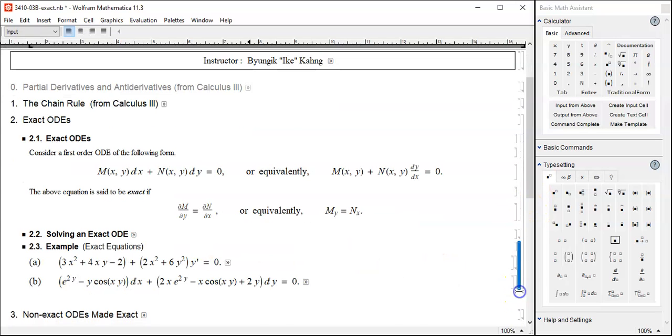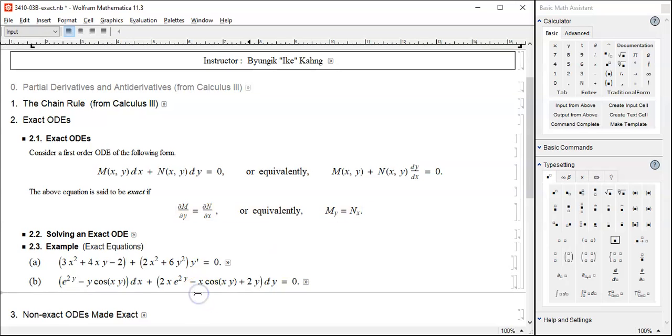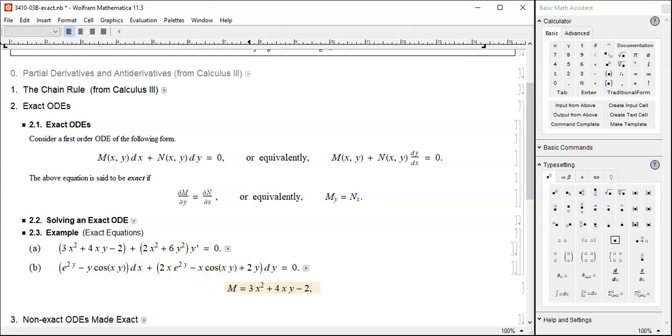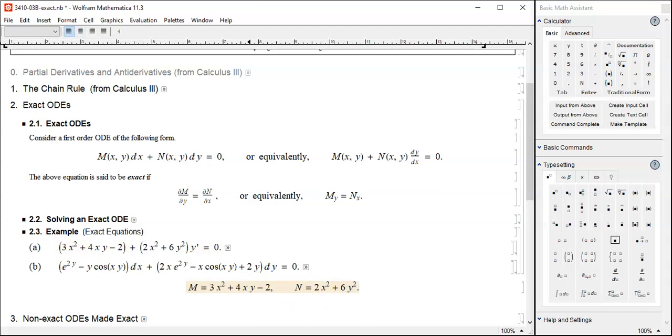Let's open up this exercise and check whether this equation is exact or not. In other words, let's check this. All right, ready? Here, this is M, and this is N. So far so good.